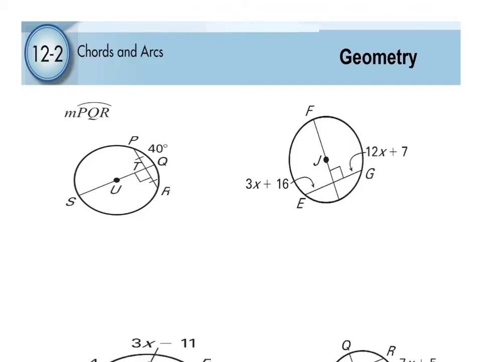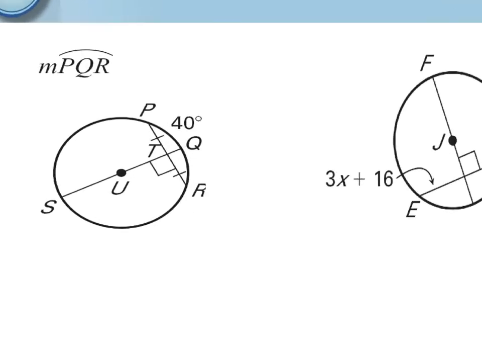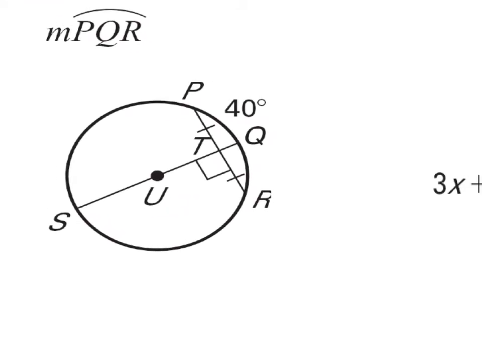All right, we want to find the measure of arc PQR in this first example. As I look here, we see that we have a diameter and it's perpendicular to the chord and it cuts the chord in half. It bisects it, so I know that the 2 segments are equal.